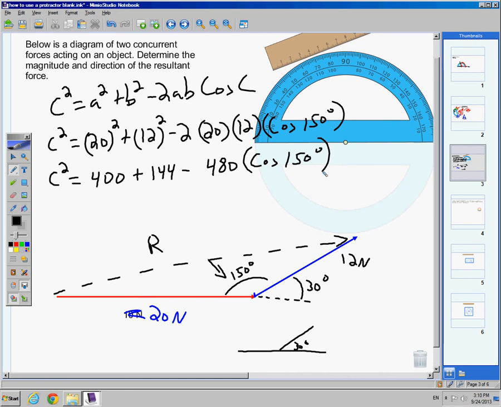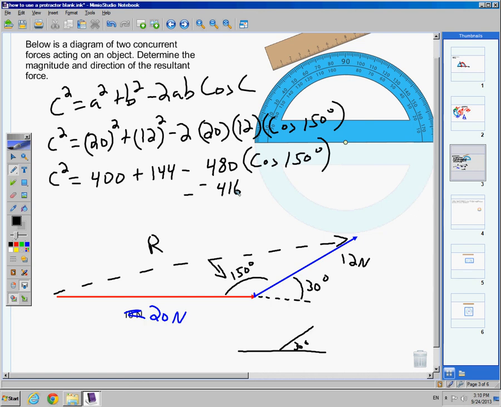First thing I'm doing is plugging in my calculator. I'm going to say cosine 150 degrees, and I'm going to times that by 480. I'm going to get an answer of negative 416.